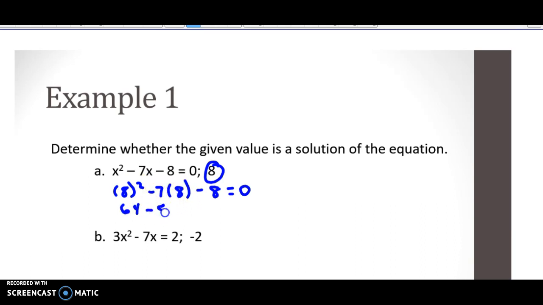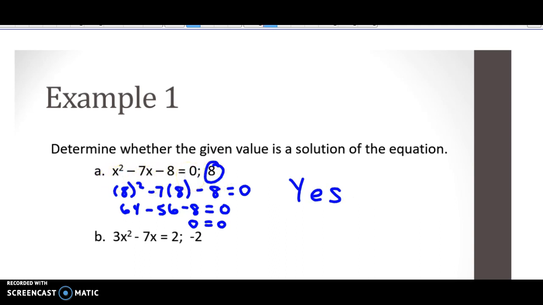Negative 7 times 8 is negative 56. And now I can just subtract. 64 minus 56 is 8. Minus 8 more is 0. And 0 does equal 0. That is a true statement. So we would say yes, 8 is a solution of this equation.